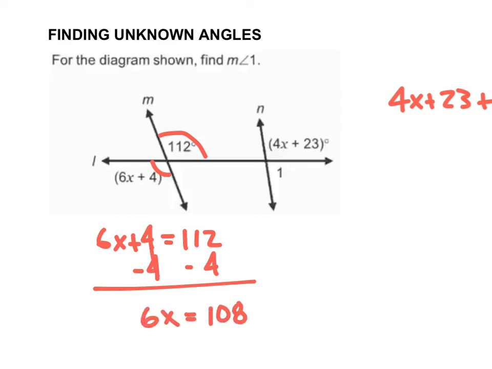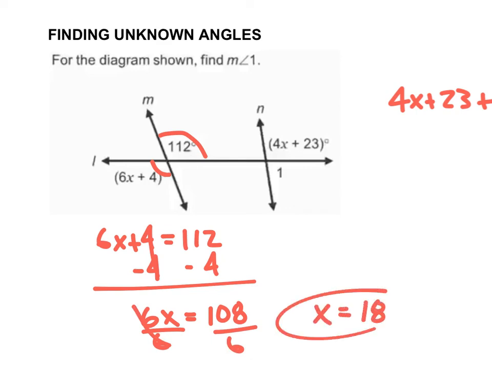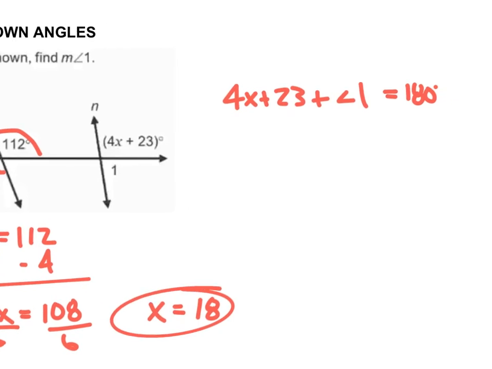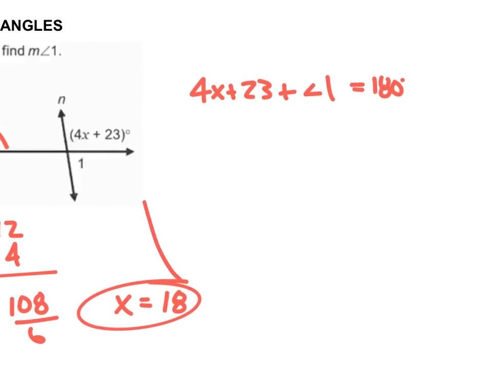Now, if I take 108 and divide it by 6, I'm going to get that x is equal to 18. So let me divide both sides by 6. This divides out, and you're going to get that x is equal to 18. Now that I figured out what x is, I can come up here, substitute it in, and figure out what that is.